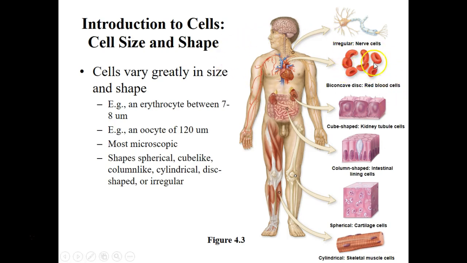Here we have disc-like cells. Here we have cube-like, rectangular cells. Here we have cells embedded in a gelatinous substance. Here we have long cells that are cylindrical, and up here we have these irregularly shaped cells.